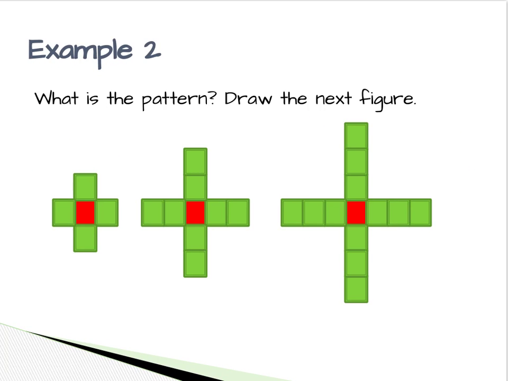Alright, example 2, draw the next figure. So first thing I notice is that on each side I just have one block, but now I have 2 in the second figure, and now I have 3 in the third figure. So the fourth figure should be a square in the middle with 4 blocks on each side.